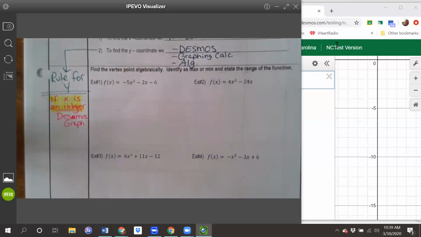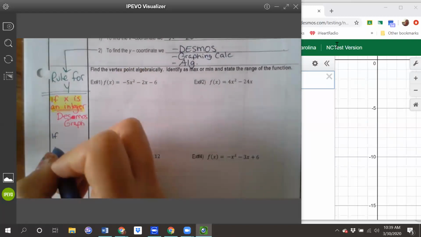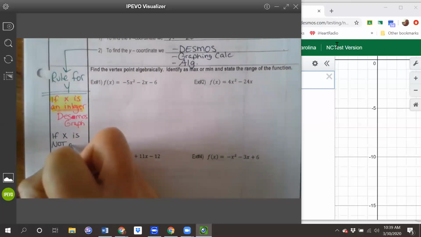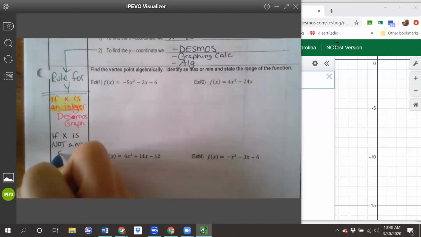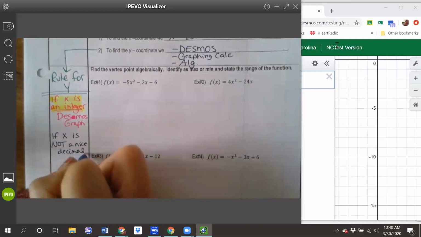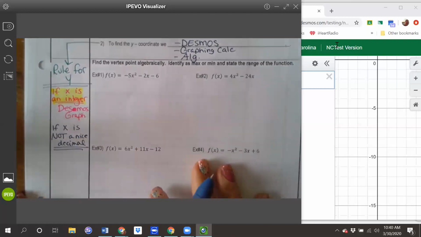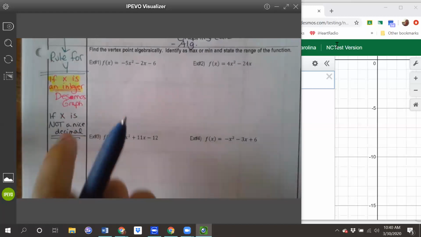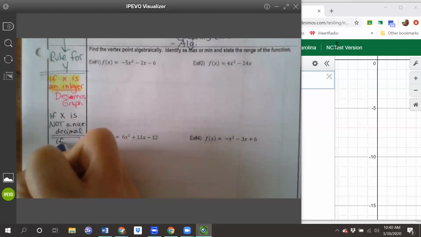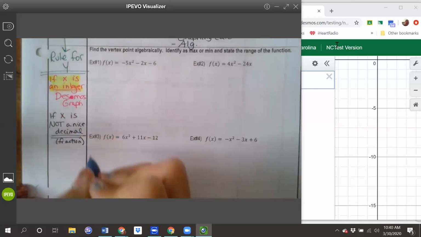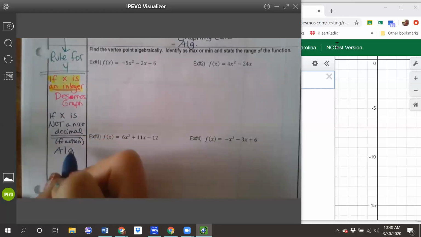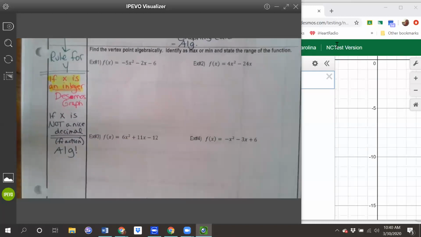Okay, what else could happen? If x is not a nice decimal, so you get an x that would be like 0.33333333, and you have to write that as a fraction, then you must be using algebra in order to do that.